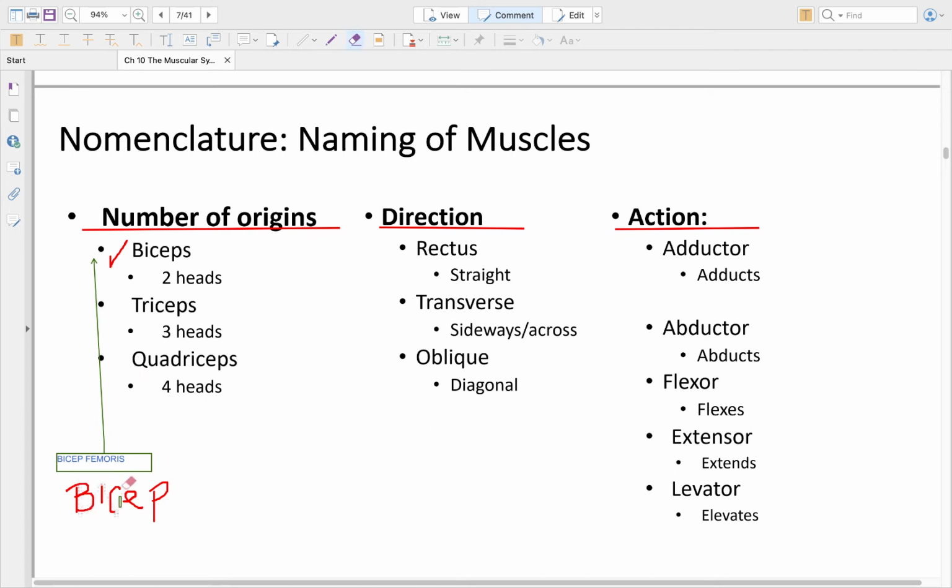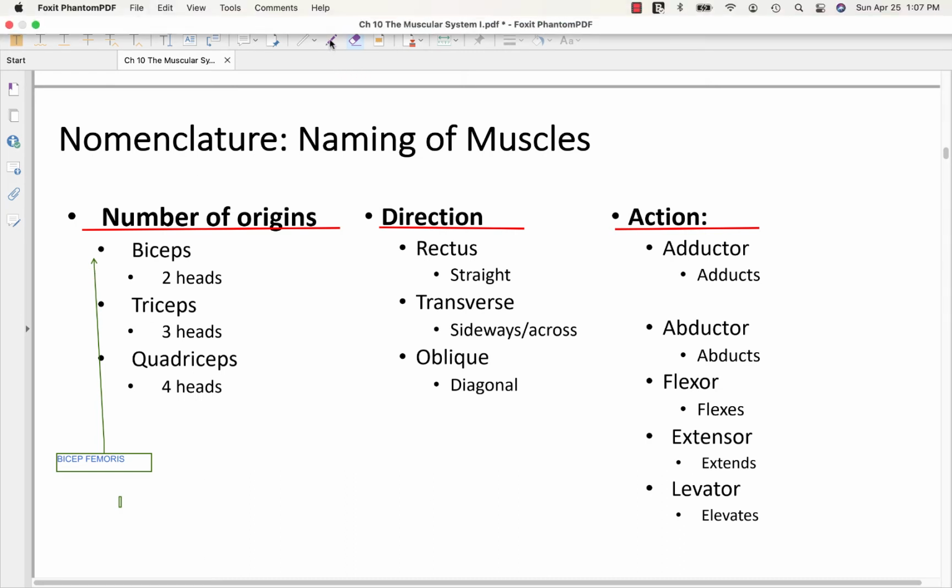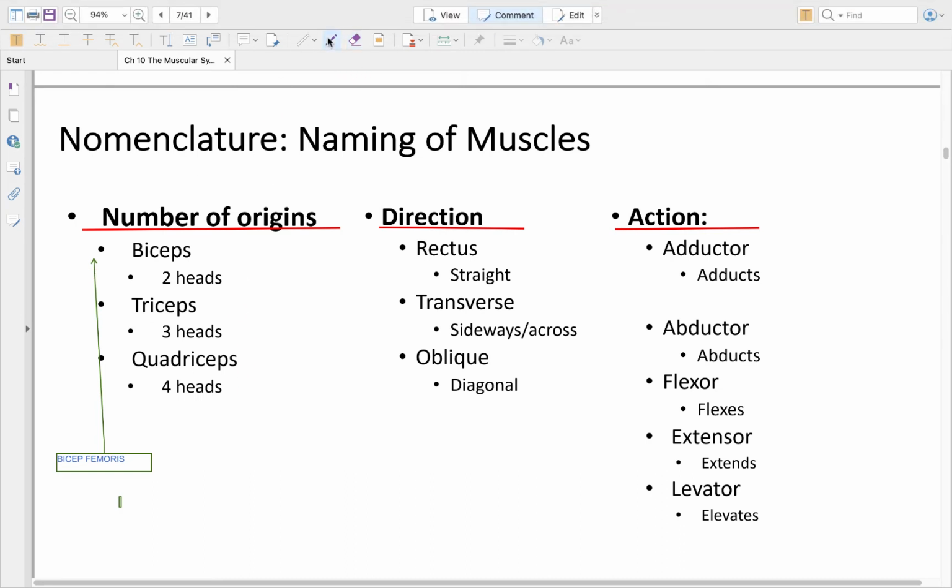So I know that bicep means two heads, and femoris is in reference to the femur bone. So it has to be a muscle in the thigh that connects to the femur bone, and it has two heads. Okay, so this is how you're going to use nomenclature to identify things aside from just straight memorization. And then we have triceps, we have quadriceps.